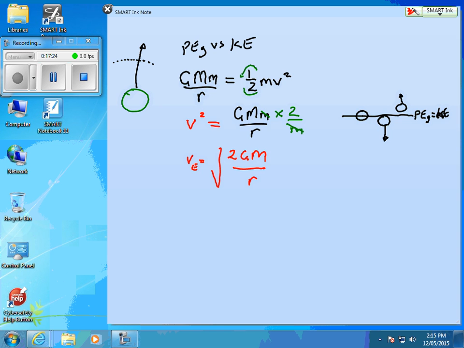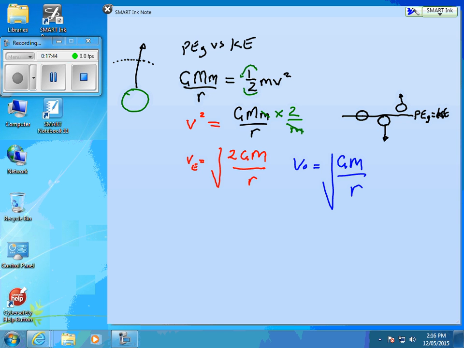Now you'll notice that compares to our orbital velocity formula, the square root of GM on r. So they look similar. Does that mean you have to be going twice as fast? No, not twice.